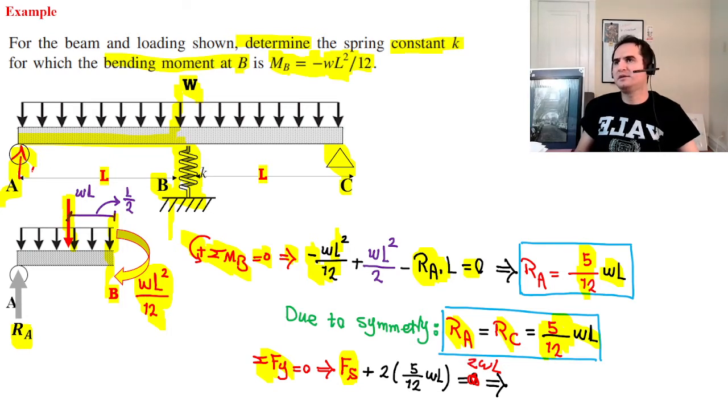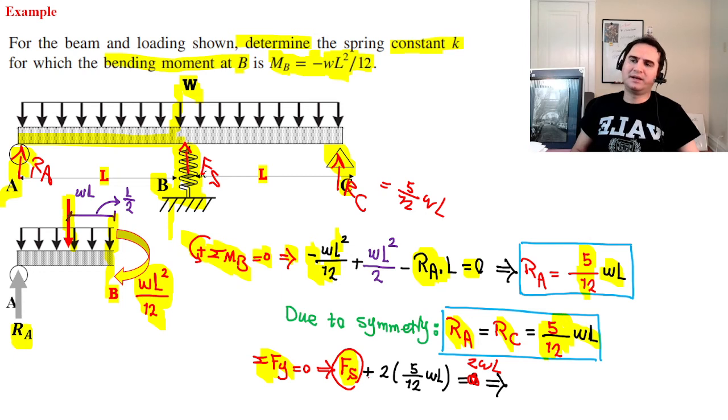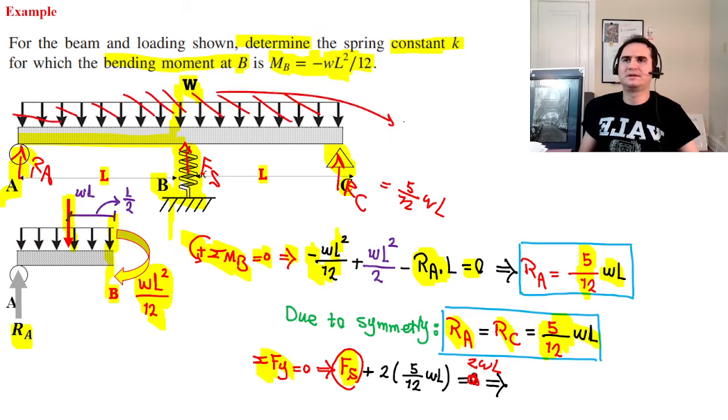This is RA, this is RC, and they are identical, each 5 over 12 WL, plus the force in the spring, F spring, over here as well. Together they should cancel out the overall applied load at the top, that's 2WL.